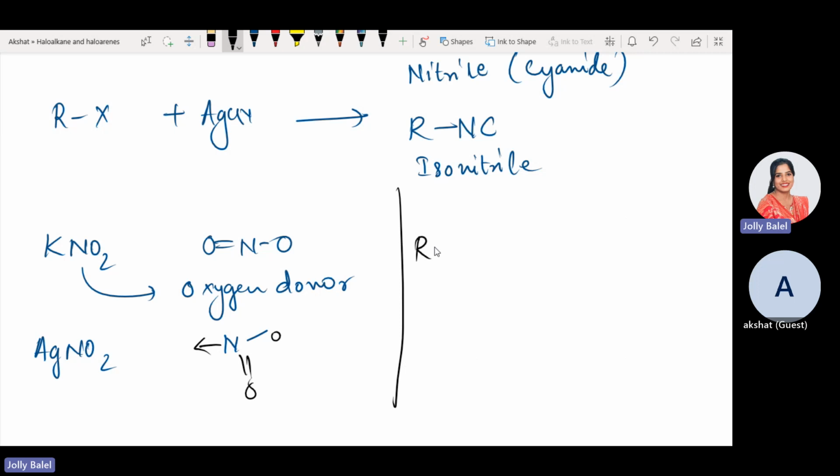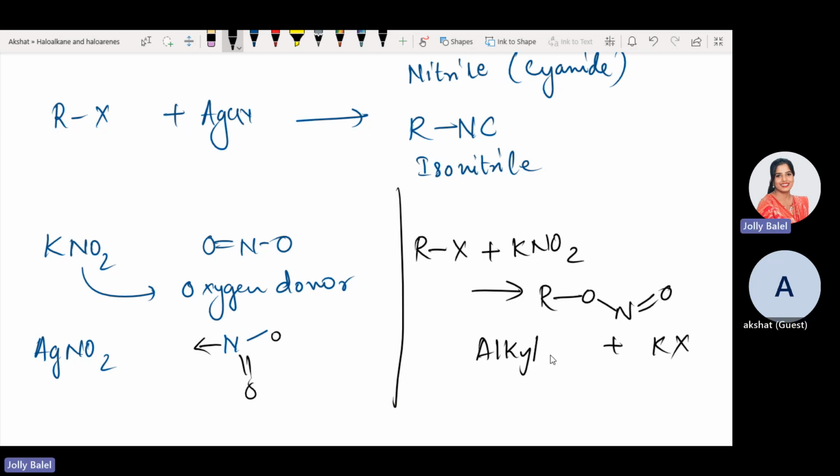So if RX plus KNO2, your product will be R-O-N-O plus KX. This is known as alkyl nitrite. And if I am using RX plus AgNO2, can you tell me the product?